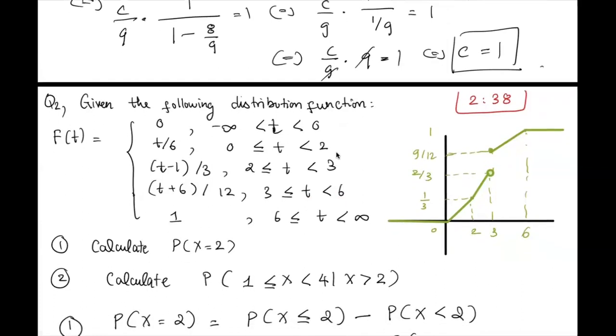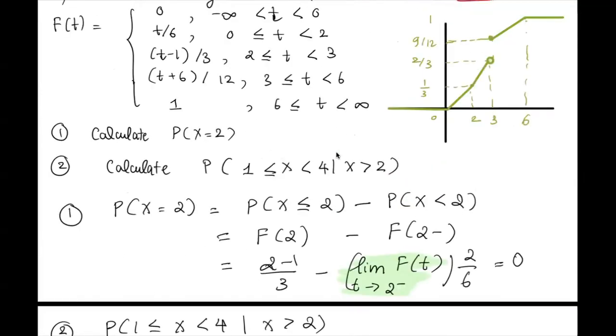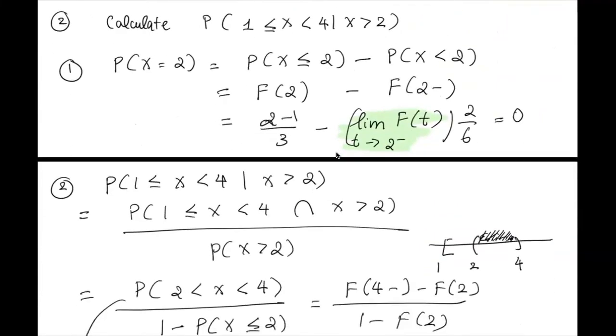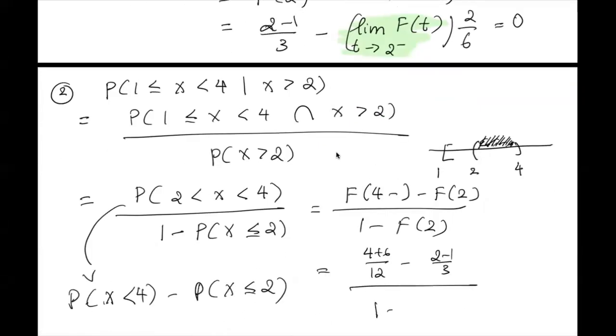So I will have 4 plus 6 over 12 minus f of 2. F of 2 is here, which is 2 minus 1 over 3. And if you calculate this number, the final answer will be what you want to get.